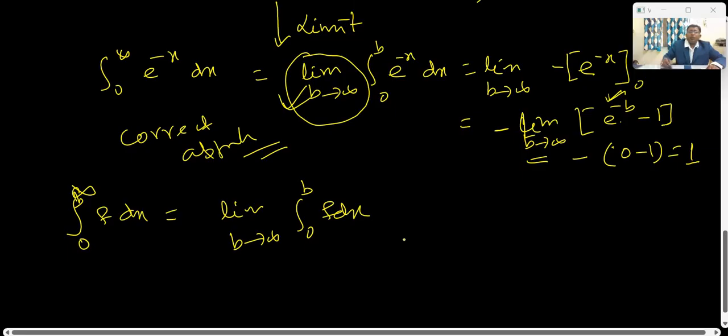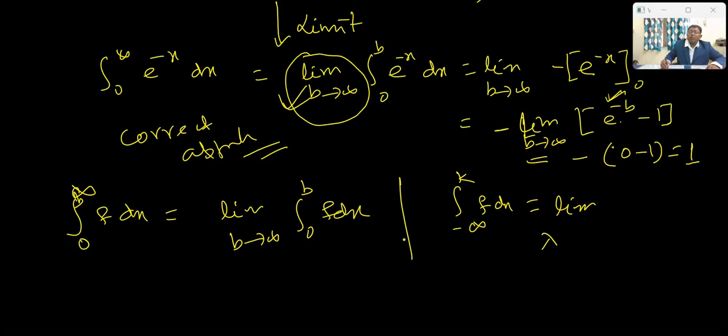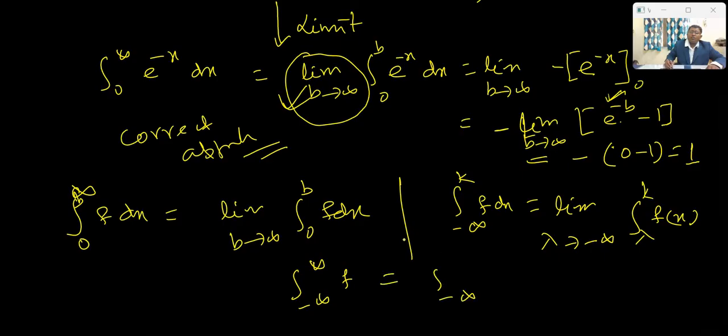Similarly, if I ask you the integral from minus infinity to k of f dx, this is the limit as lambda tends to minus infinity of the integral from lambda to k of f dx. In the case of minus infinity to infinity of f, we split it into minus infinity to c plus c to infinity. Then we overcome it using these aspects.